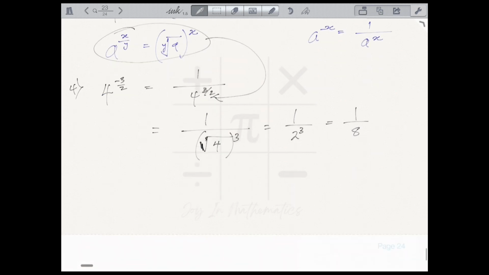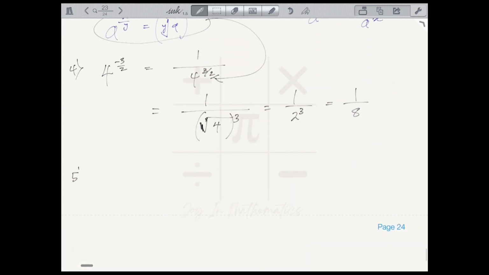In the same vein, we can have another question that says we should simplify 0.125 raised to the power of minus 1 over 3. Now, we can convert 0.125 to a fraction, and 0.125 will be 125 divided by 1000 all raised to the power of minus 1 over 3.